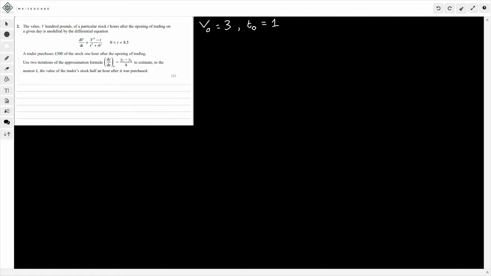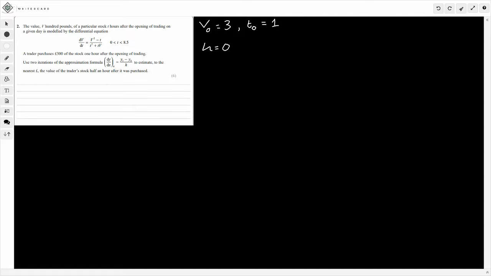Now, we're also going to need a T2 and our H. The reason it's T2 is because we're asked to use 2 iterations of the approximation formula to estimate to the nearest pound the value of the trader's stock half an hour after it was purchased. So my H is clearly going to go up in 15 minutes, that's a quarter of an hour, so that's 0.25.